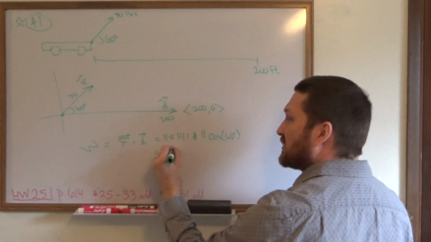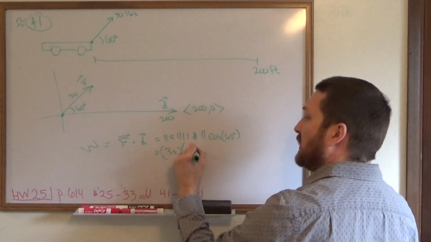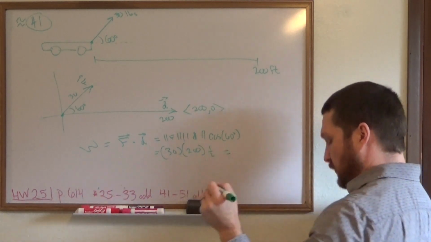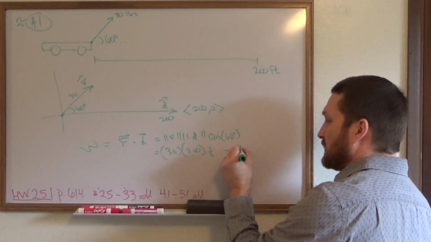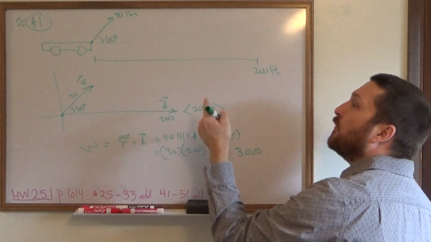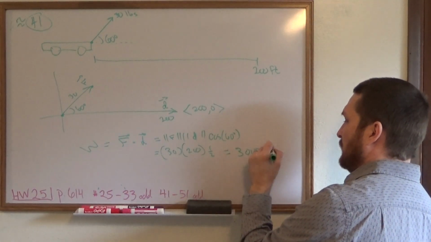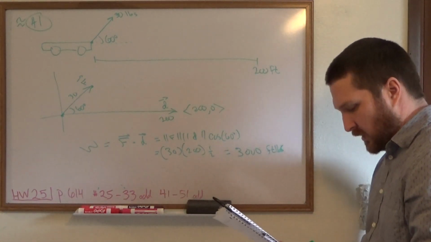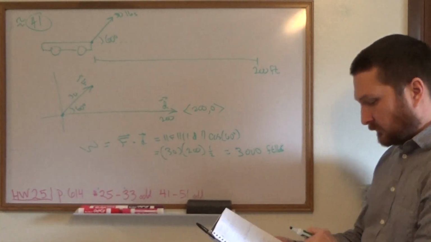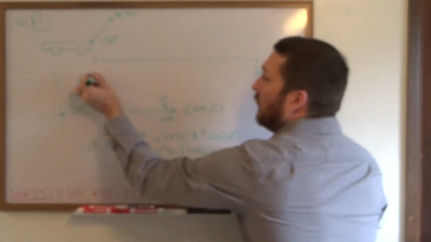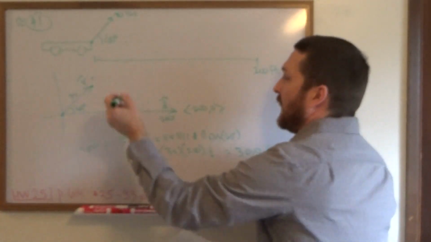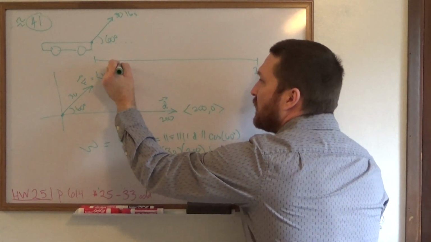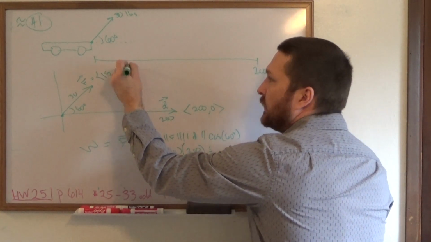But in this case, it's just 30 times 200 times cosine 60, which I believe is 1/2, which works out to 3,000 foot-pounds, because it's in feet and pounds, foot-pounds of work. Just so you know, I did work this out with components, and it does come out to be 15 times 30 root 3 over 2.